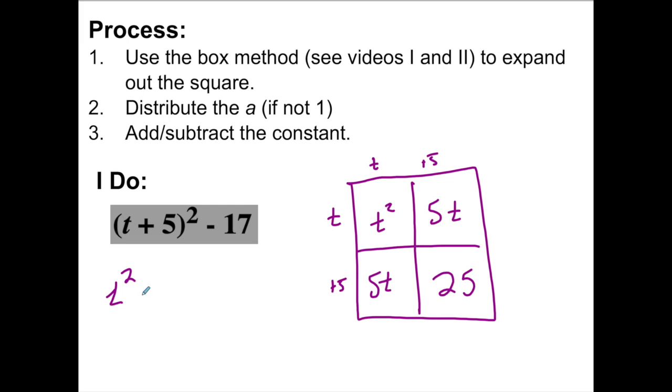So you get t squared plus 10t plus 25. We can keep it because there's just a 1 in front of here. Minus 17. So you get t squared plus 10t, and when you do 25 minus 17, you get 8.